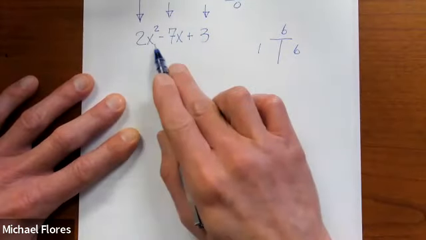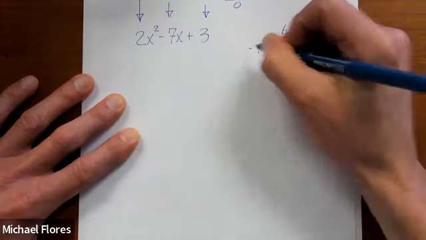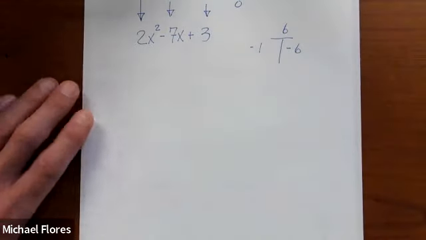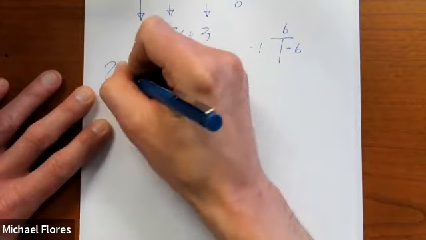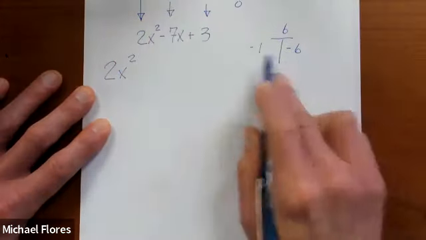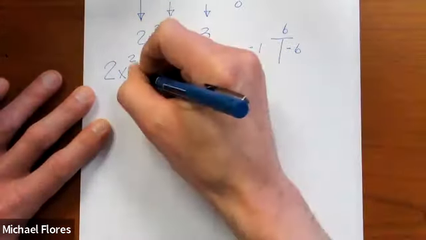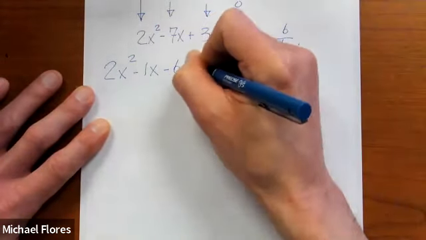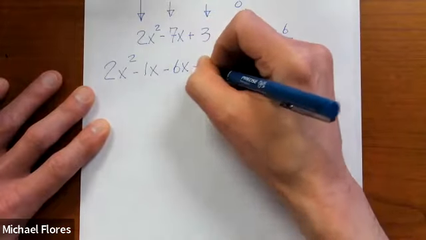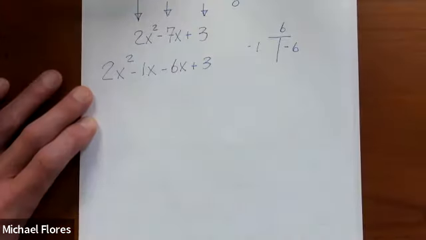Same signs, both negative. And now I can create a grouping problem beginning with the first term, 2x squared. Now substitute your factors and give them an x. And then end with plus 3.